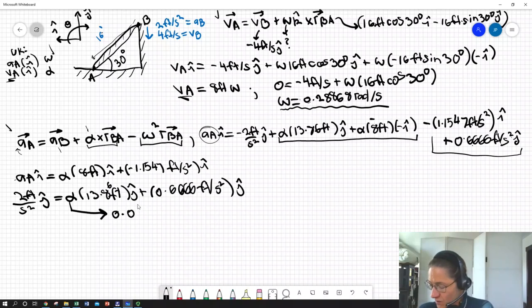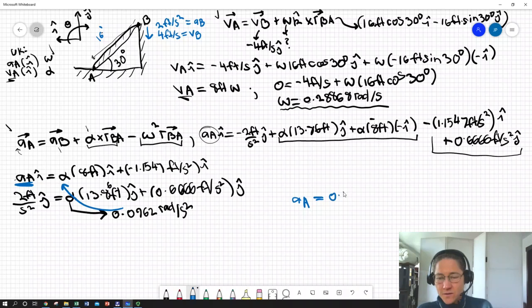So we get 0.0962 radians per second squared, and now we can plug that in right there to solve for the magnitude of the acceleration of point A, and we end up getting acceleration of A is 0.385 feet per second squared.